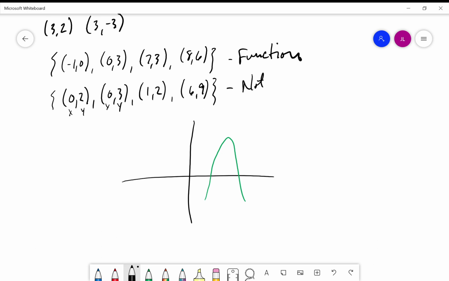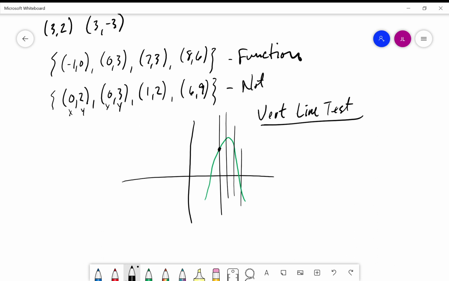Well, the vertical line test can tell us, quite simply, if we have a function or not. If we can draw a vertical line straight down through this and we only hit one point anywhere on the graph, then we're looking at a function. So if it passes the vertical line test, then it's a function.